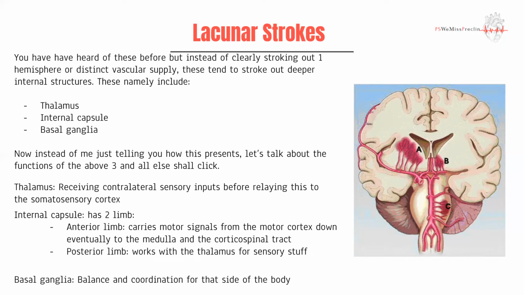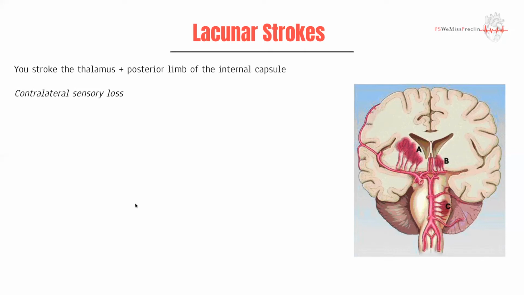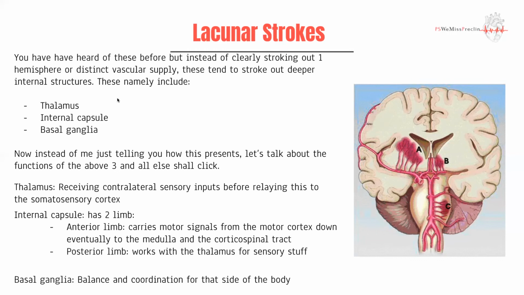Now, just based on that, you can see how a lacunar stroke can present with a wide range of symptoms. So let's say you stroke out the thalamus and the posterior limb of the internal capsule, you're going to have contralateral sensory loss, right? Because as you can see, the thalamus receives contralateral sensory inputs and the posterior limb works with the thalamus for the same stuff.